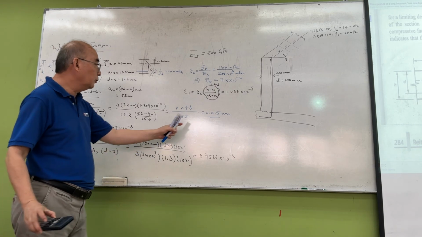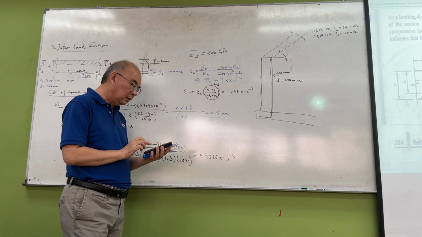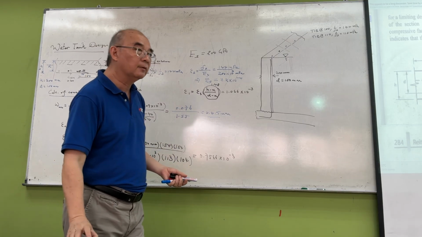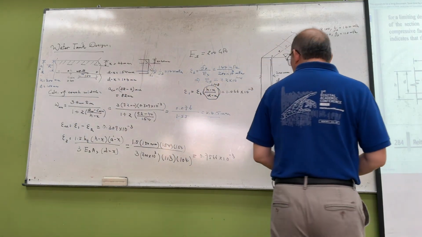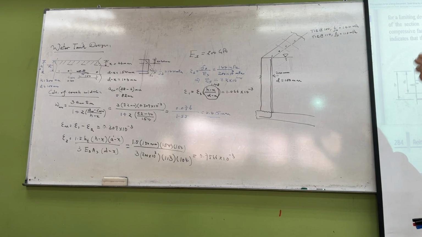So if I take 0.05 times 3.4, it's very close, 0.17. So that's showing you how to do it.